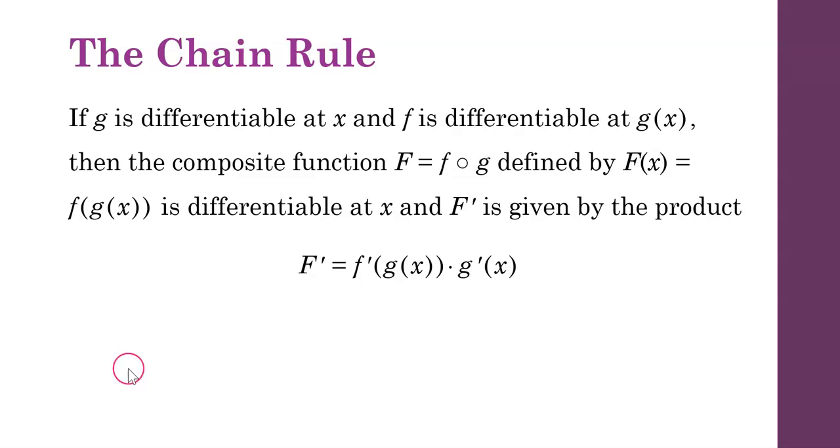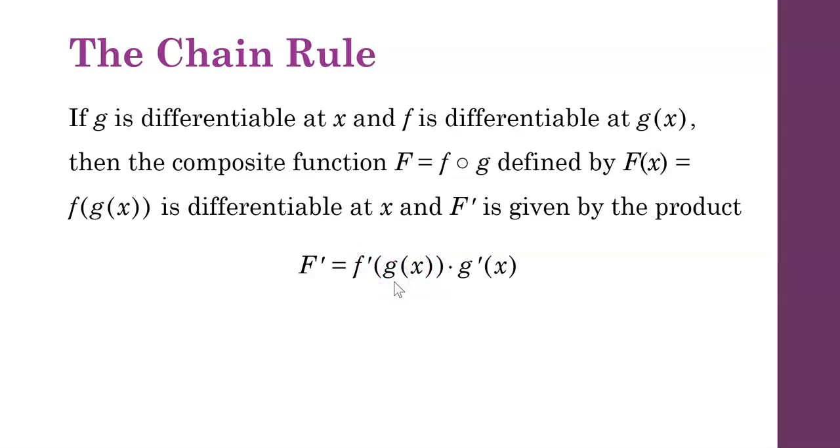to work. I must have g be differentiable at x, because we are going to take a derivative of g at x, and we need f to be differentiable at g of x, because f is differentiated at g of x.